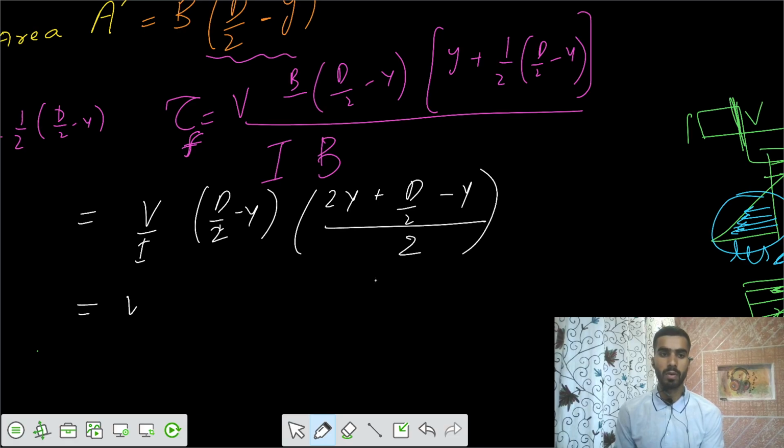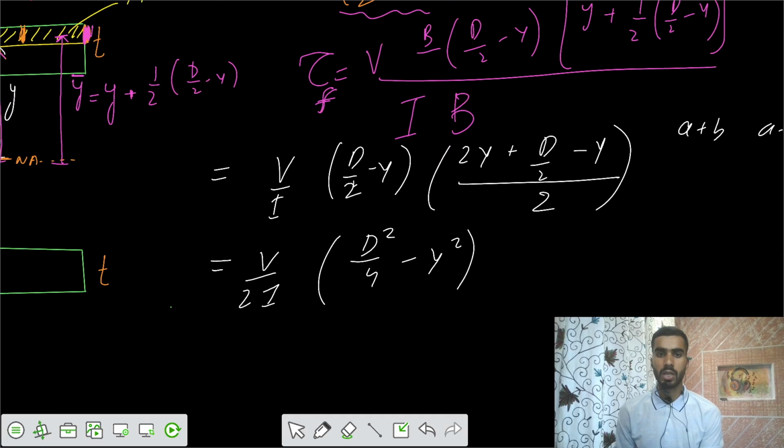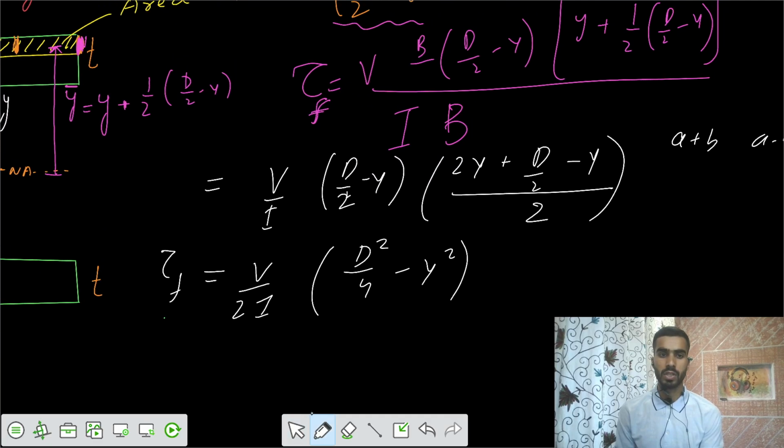So we got this value of V by 2I, and 2y minus y, that's y. So we got a plus b, a minus b. Then we can write d squared by 4 minus y squared. So we got this general equation of the shear stress in the flange: V by 2I times d squared by 4 minus y squared.